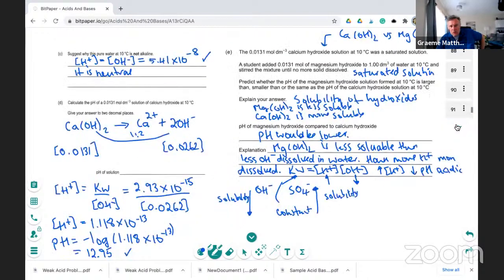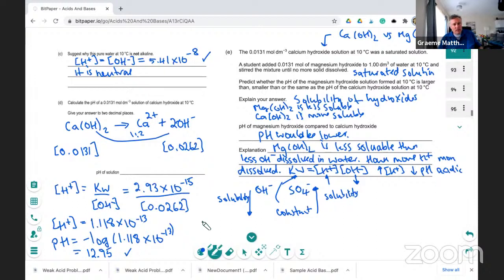Having said that, it's neutral chemistry. Even though the pH is less than 7, it's neutral because the hydrogen ion concentration is equal to the hydroxide ion concentration.